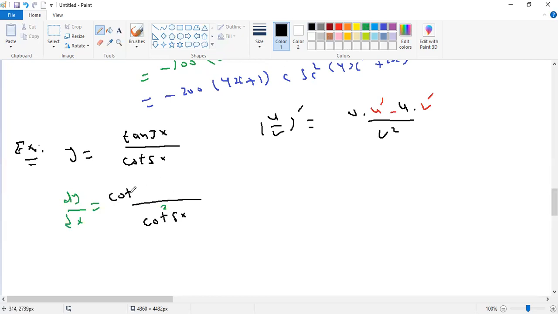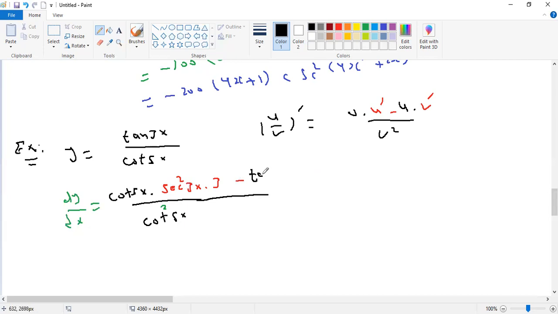Then I have v, cotan 5x, times the derivative of tan. What is the derivative of tan? Secant squared u times the derivative of the angle, which is 3. Minus, now the rule is v u prime minus u v prime. What is v? The v is cotan. This is u, this is v, v squared. v times u prime minus u.